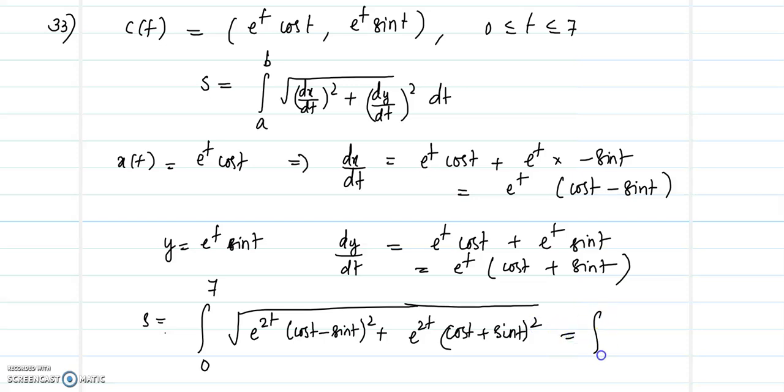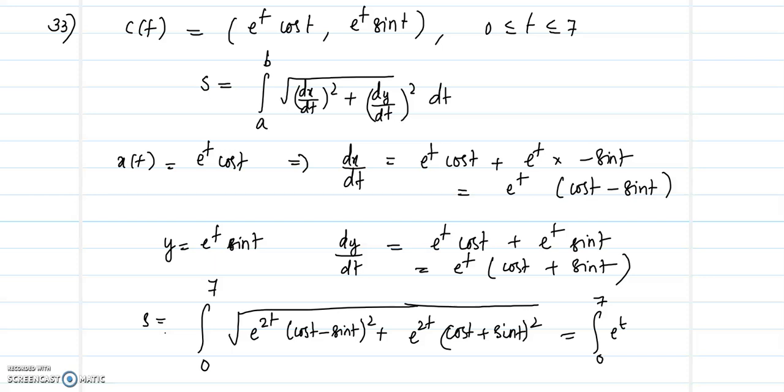So this will be equal to integral 0 to 7. We can take e^(2t) out of the square root, so that becomes e^t, and now the remaining is (cos t minus sin t) squared plus (cos t plus sin t) squared.